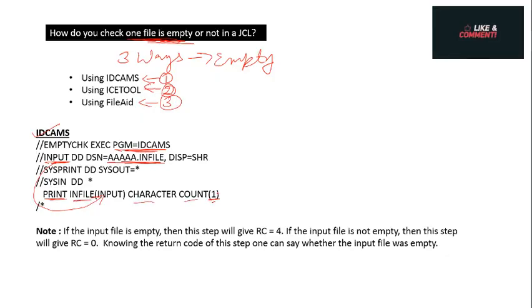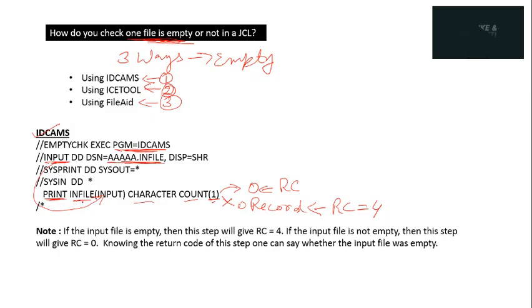If there is even one record, it will return return code 0. If there is no record, the return code will be 4. This statement actually prints one character, if available, onto the device.